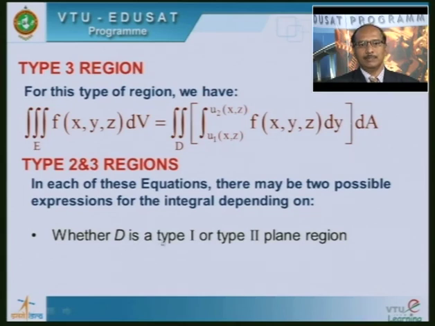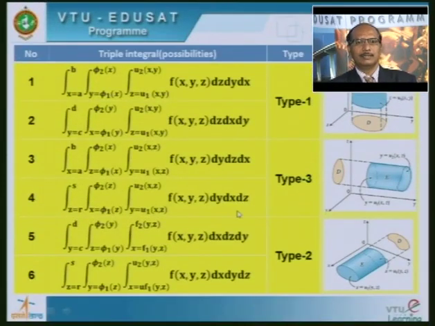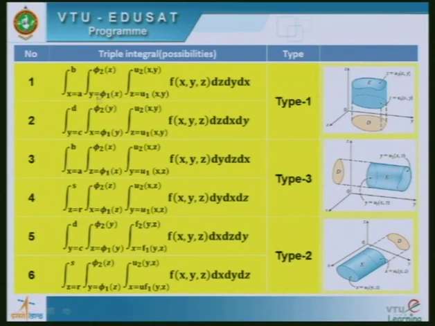If D is in the yz plane, again there are two types for the plane region. If D is in the zx plane, again two types. So, in this way the triple integrals are evaluated. I have summarized all the 6 possibilities. Totally there are 6 possible triple integrals.